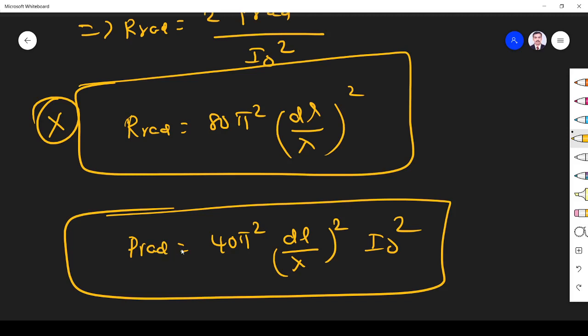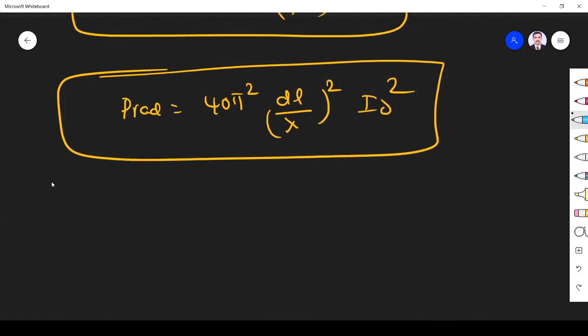Okay, so you see from this equation, right, we want an antenna of large size. DL is the antenna size, right? If I want more radiation resistance, what is the thing? DL should be very high. So what is the conclusion we are making?